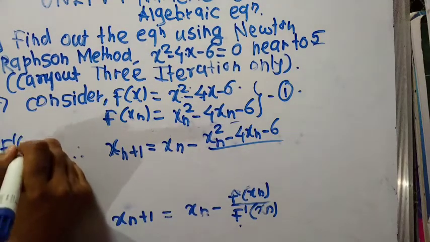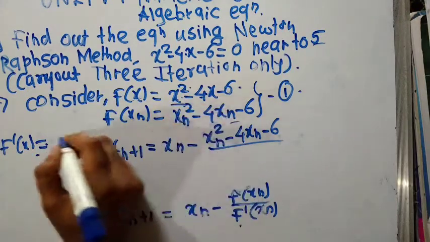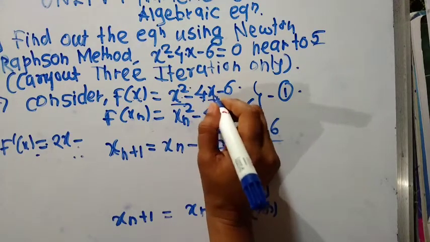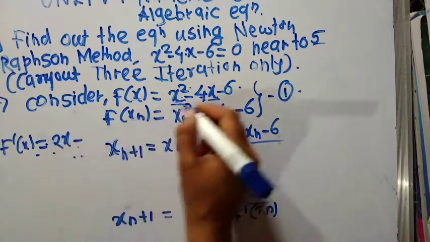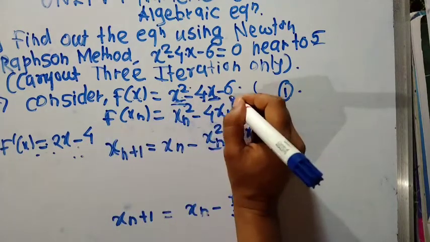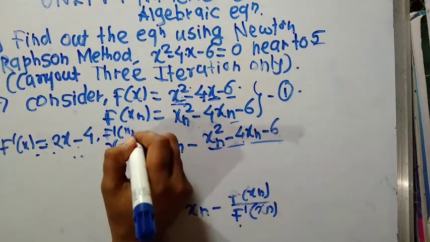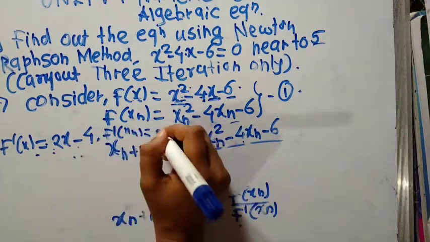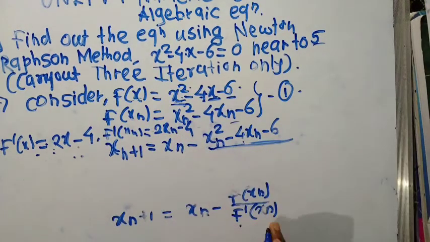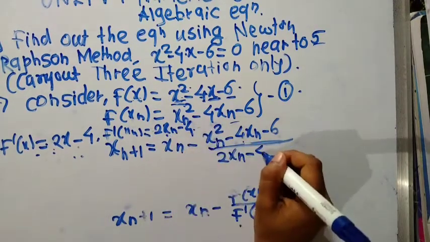Here f dash of x is equal to: derivative of x square is 2x, derivative of x is 1, so 4 into 1 is 4, and derivative of 6 is 0. So f dash of xn is 2xn minus 4.